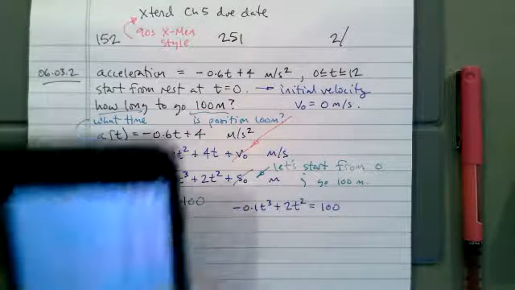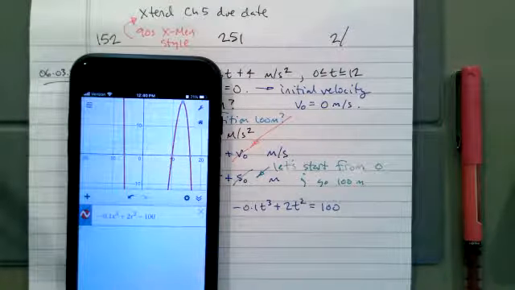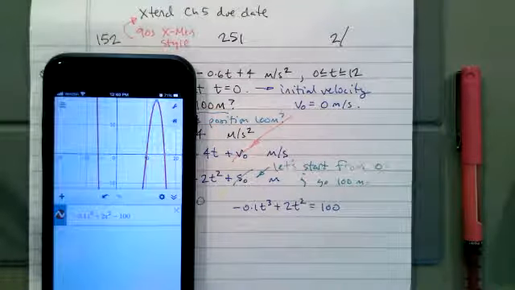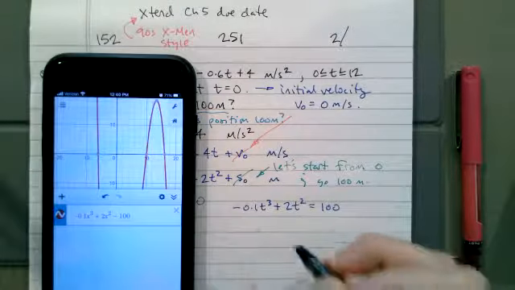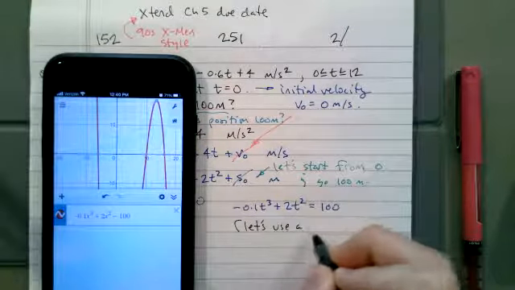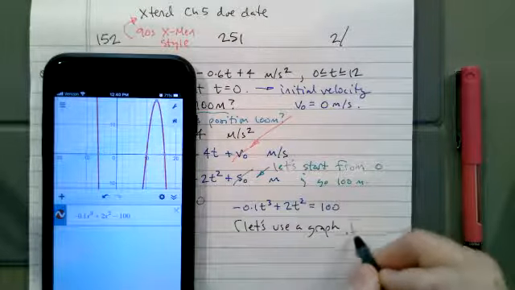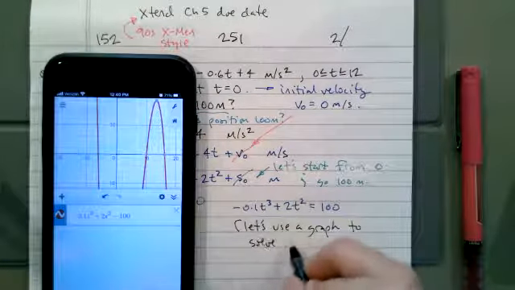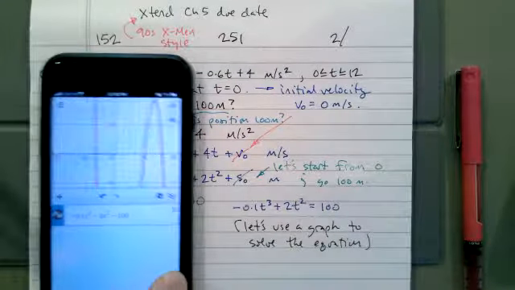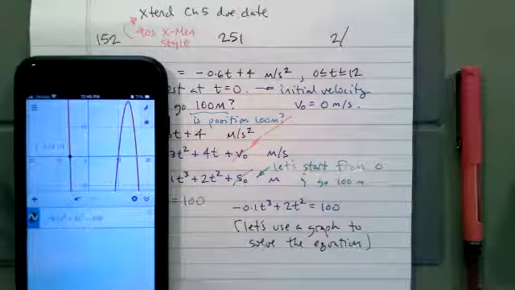All right. So I'm going to look at a graph of this function. Now we only care about what's going on from 0 to 12. We see the graph has 3 zeros.